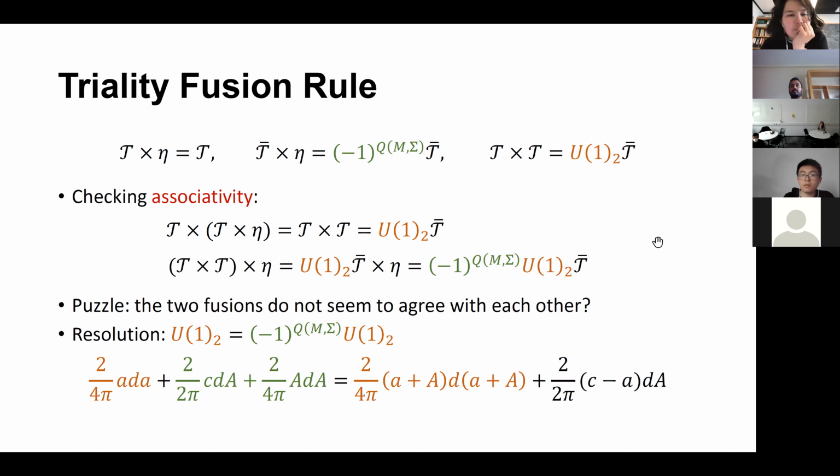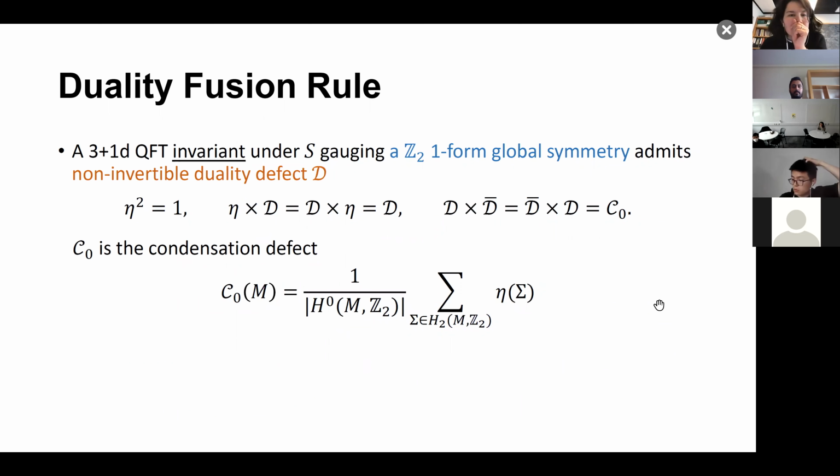Yes. Thanks. Okay, so I've derived the triality fusion rule for you, and let me just quickly flash how the duality fusion rule works. In any 3+1d QFT that is invariant under S gauging a Z2 one-form symmetry, we can define non-invertible duality defects, and this is the fusion rule.